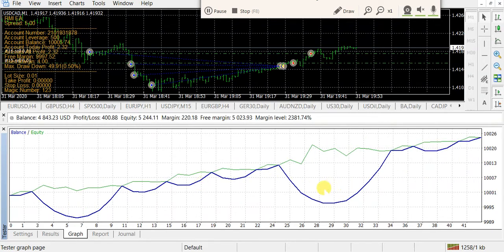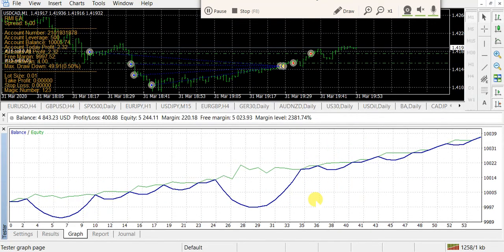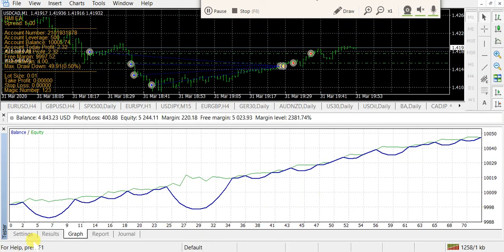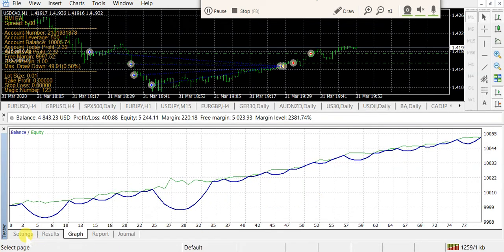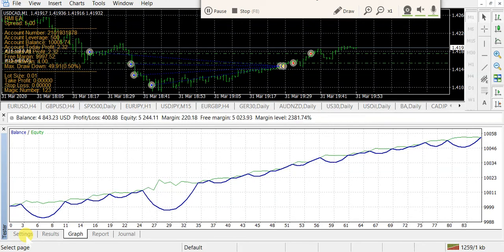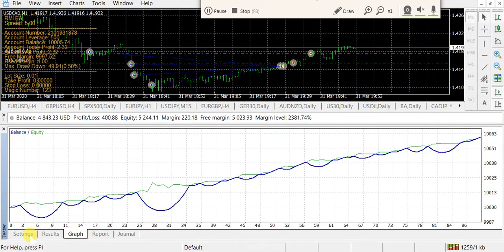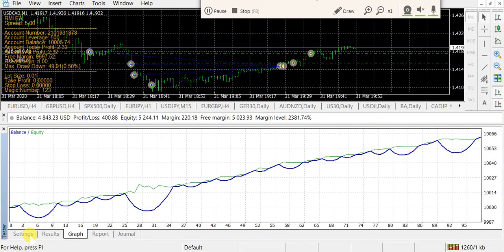Yeah, it took a hit here, but still made money. It even traded more. Look at that, traded more. So maybe it likes a bad spread. It's not a breakout bot. It's a complete counter trend trading bot.